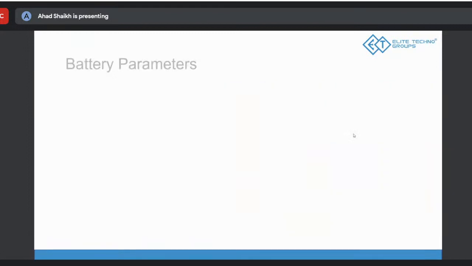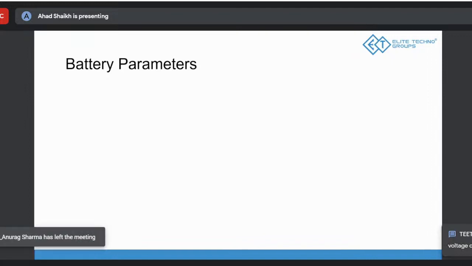So now we will see what the different parameters of batteries are. May I know, do you have an idea about what things we use to specify batteries or some properties of batteries, so that we can discuss that?